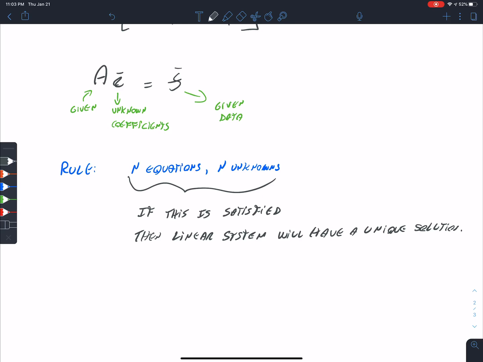We're not going to prove this. This will come in a more advanced linear algebra class, for example, right? But this is something that we must remember. We must match the degree of the polynomial essentially to the number of data points that were given.